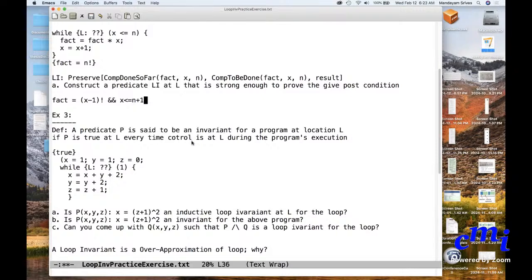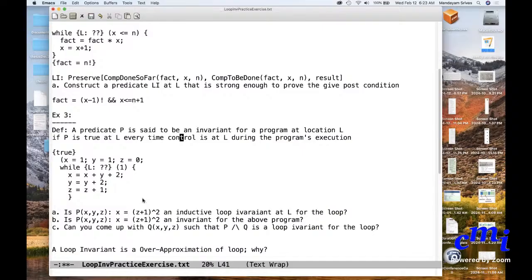An invariant associated at a particular location L is any condition that holds every time the control is at that location. So in this case it is z plus 1 whole squared.